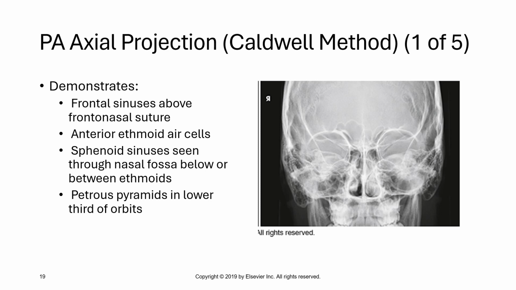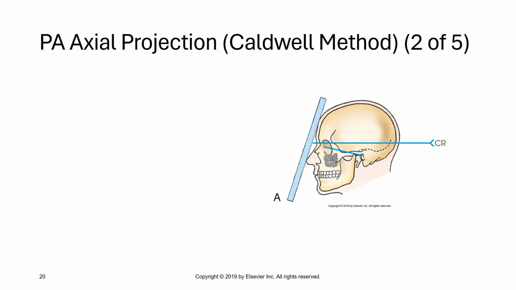Orbital meatal line should be tipped 15 degrees superiorly at the outer canthus if you are not applying a tube angle. So either raise the chin 15 degrees or angle down 15 degrees. The choice is yours. You'll get a better distortion elongation effect if you use a tube angle.